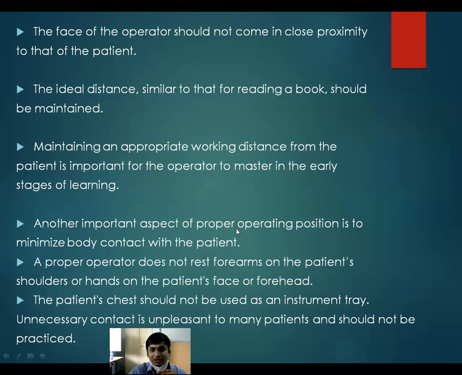Another important aspect of proper operating position is to minimize body contact with the patient. All the contact should be restricted to only the oral cavity. Other contact should be minimized. The proper operator does not rest his forearm on the patient's shoulder or hands on the patient's face or forehead. You should not take support or rest from your patient's shoulder, hands, face, or forehead.